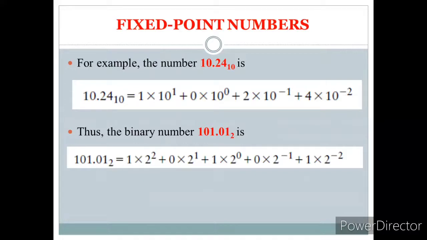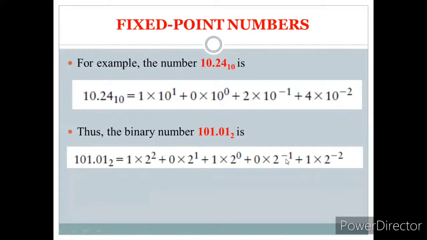Now, similarly, we can write numbers as binary numbers. That is 101.01 to the base 2. So what happens here is that 101 is 5. Observe here 0 into 2 raised to minus 1, because before the decimal it is 0, after the decimal it is minus 1, minus 2, like this.